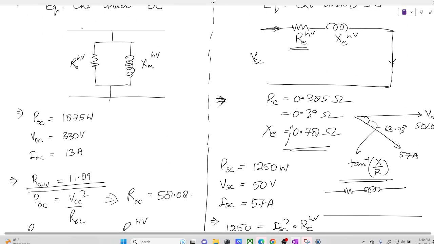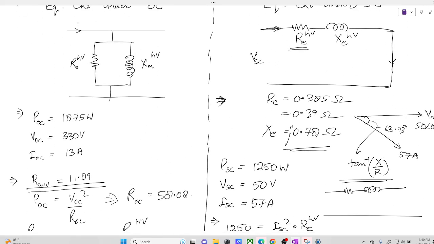Because the total current, that is 13 ampere, will split: part goes through RC as the core loss component, and part goes as I phi, the magnetizing current. If you knew IC, then you could directly write POC divided by IC squared.